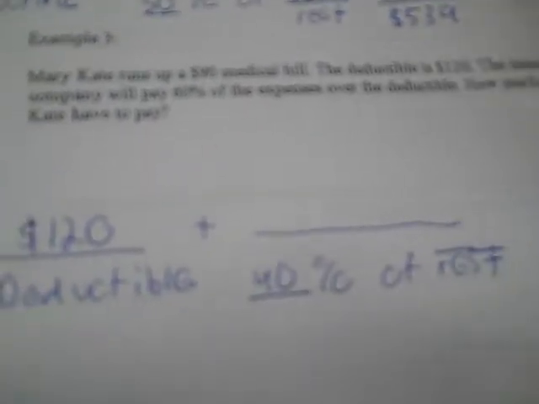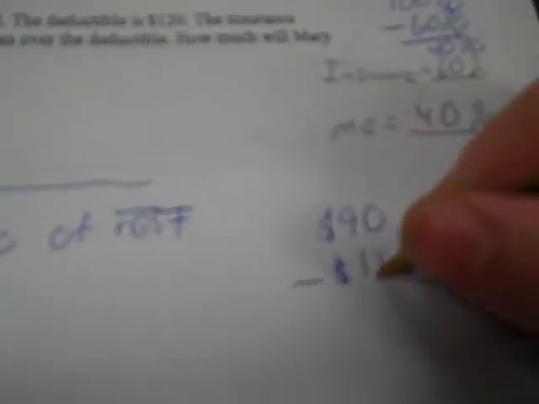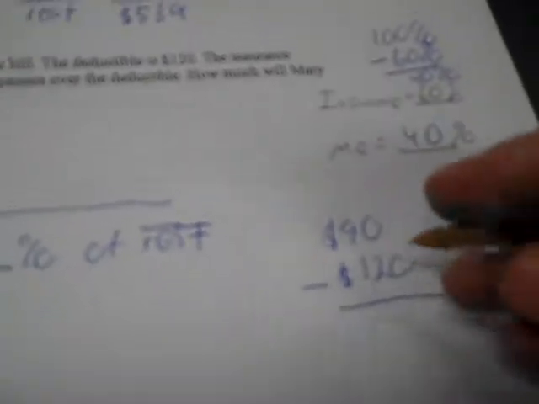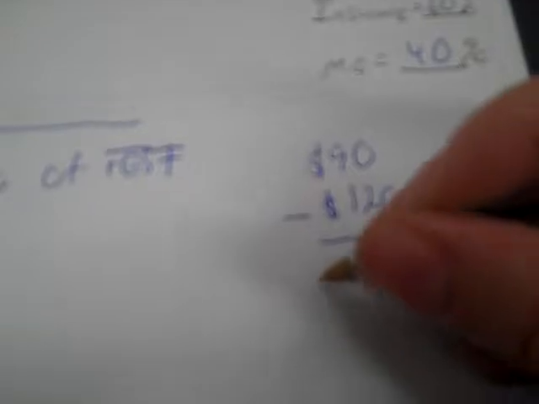Now we've got to find out how much the rest is. So I take my medical bill, which is $90, and subtract my deductible. Okay, we run into a little problem here. 90 minus 120. I got a negative. So if you get a negative, write stop.